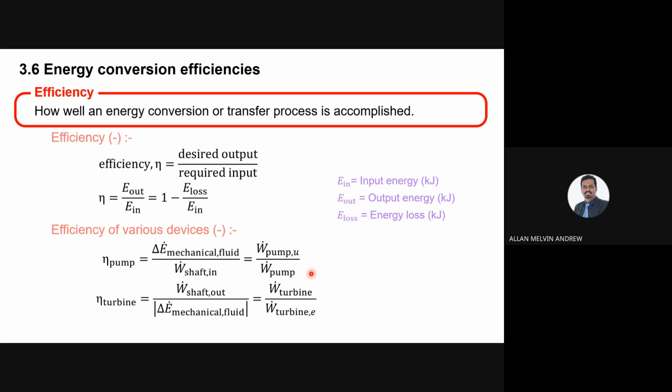We will see one question regarding this later. And for a turbine, W shaft out over the modulus of the change in mechanical energy of the fluid, or you can use W turbine over W turbine.